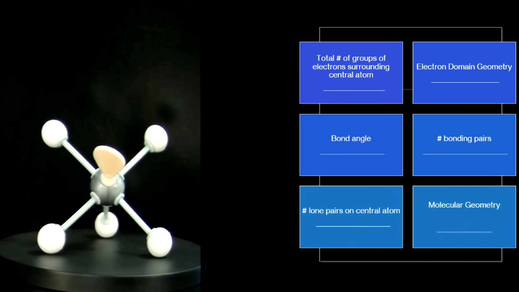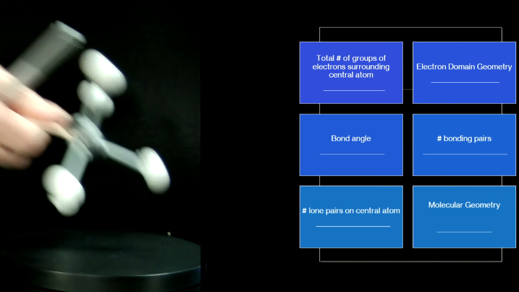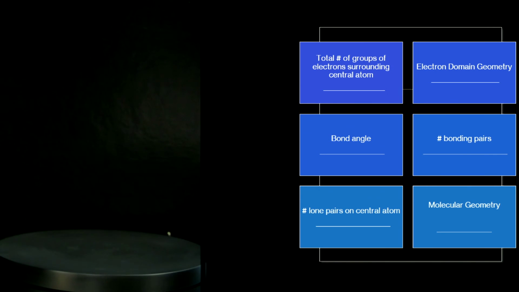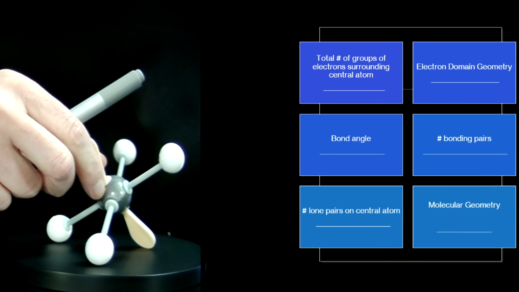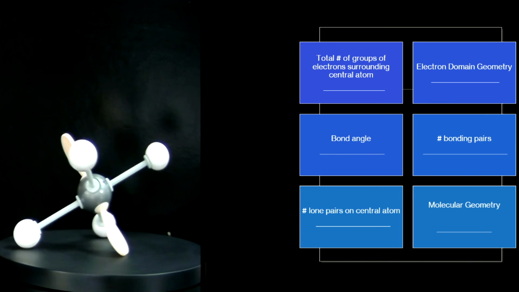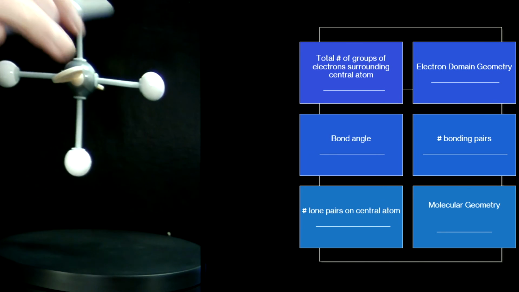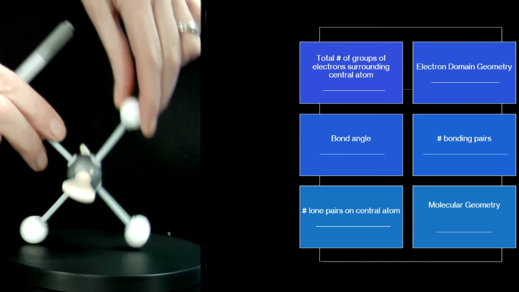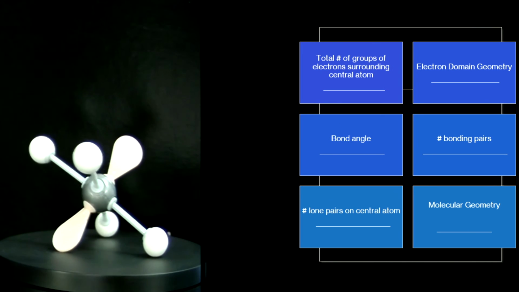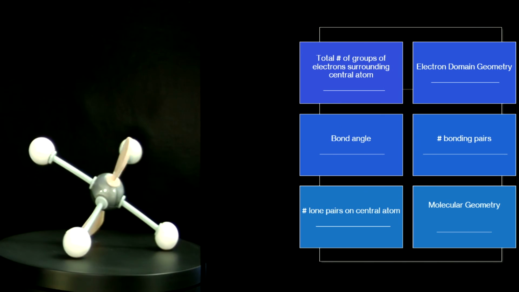And here we have xenon tetrafluoride. So with xenon tetrafluoride, I'll put a model up here for you. So looking at it this way, we see that all of our fluorine atoms are in the same plane. So that's going to help us remember our molecular geometry.